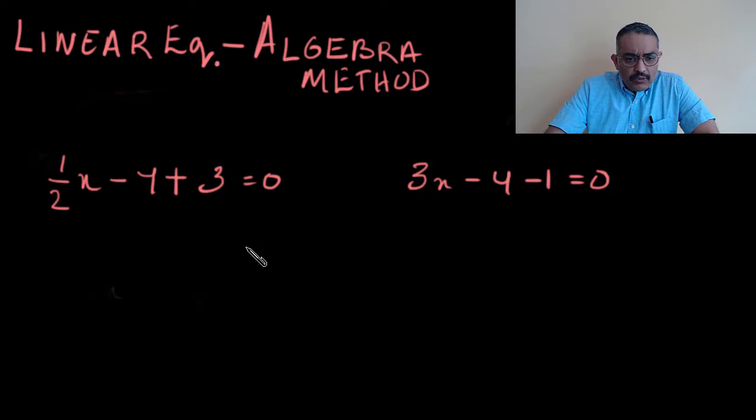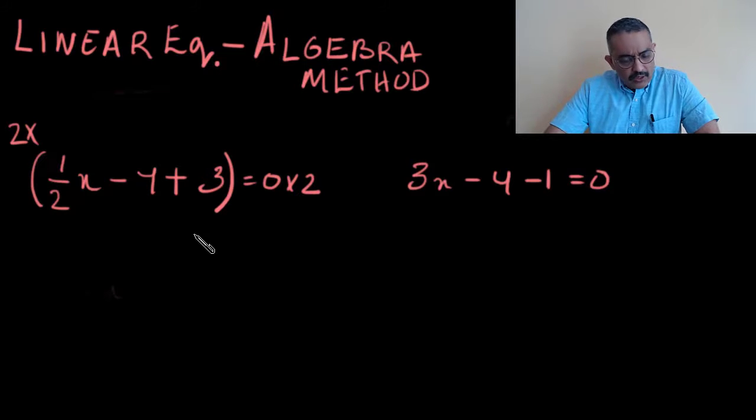Now our aim here is to remove this fraction first. To do that, you would want to multiply both sides by the denominator of the fraction. So you want to do 2 times here and 2 times here. If you multiply both sides of the equation with the same number, it doesn't change the equation.